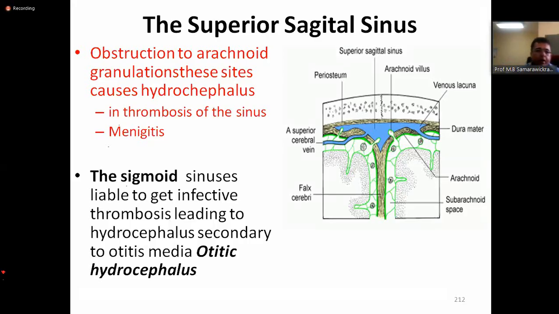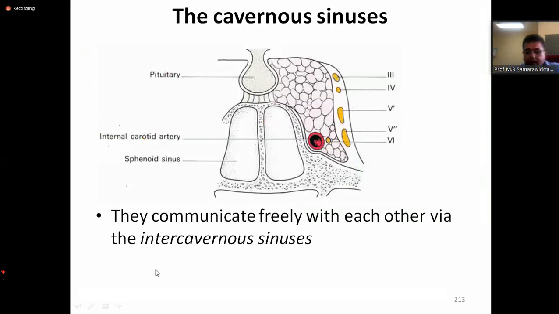That can result secondary to thrombosis of the sinus, in meningitis and so on. And sometimes the superior sagittal sinus can get thrombosed secondary to otitis media. Then it is called otitic hydrocephalus.